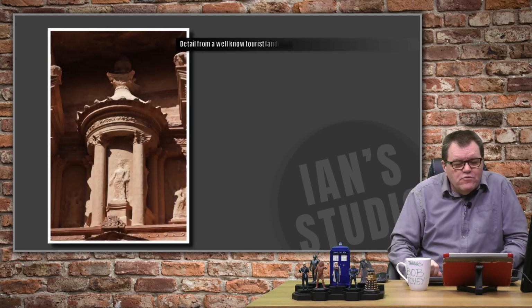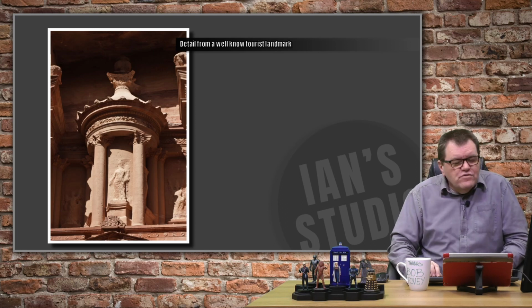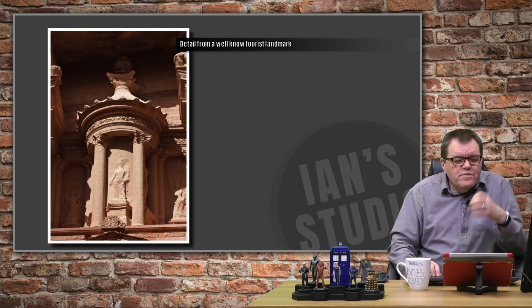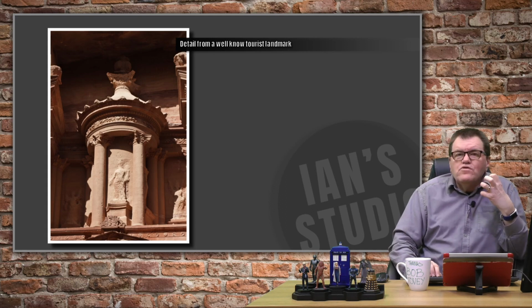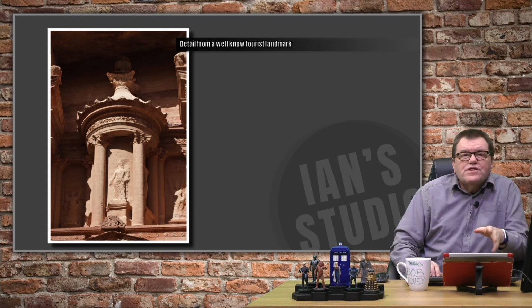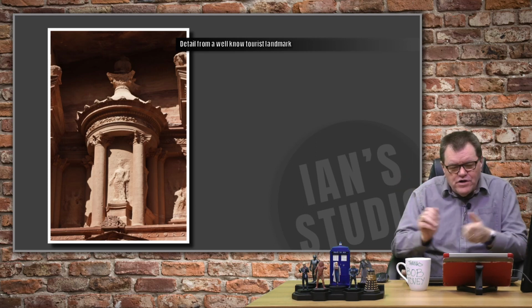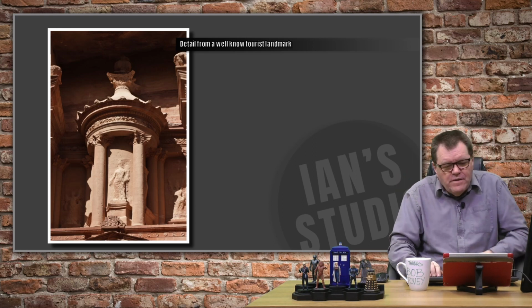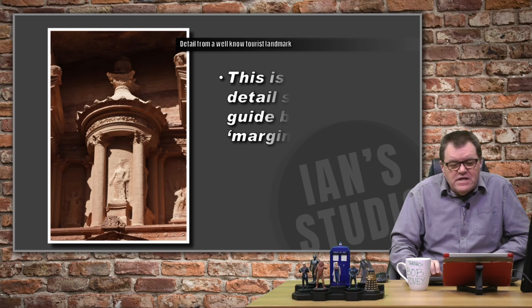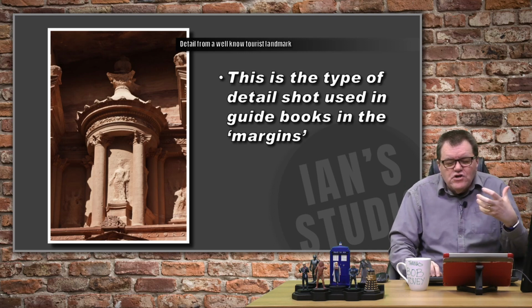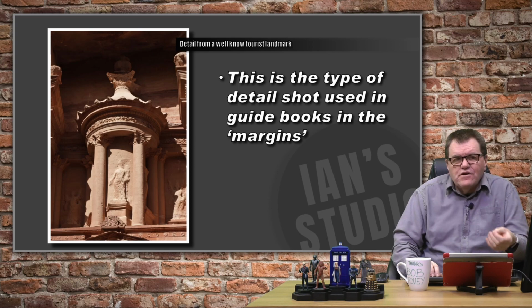You almost certainly will recognise it. It's a detail from a well-known landmark, but it's only part of it. It's not what we normally see, but this is the sort of thing you might see in the margin of a travel book, a travel brochure. And it just adds a flavour to the location.